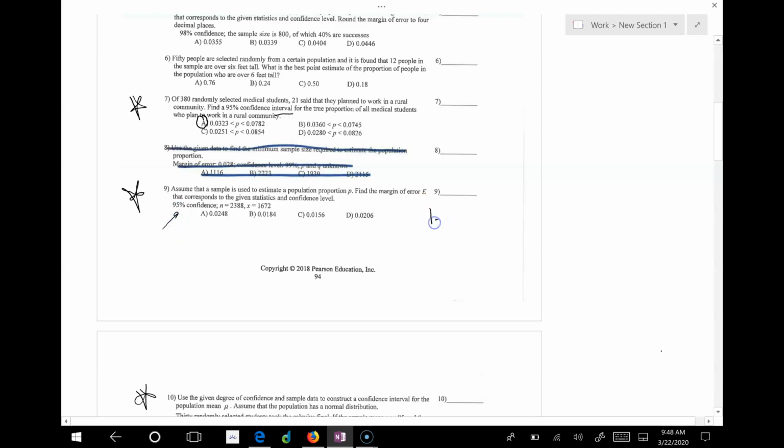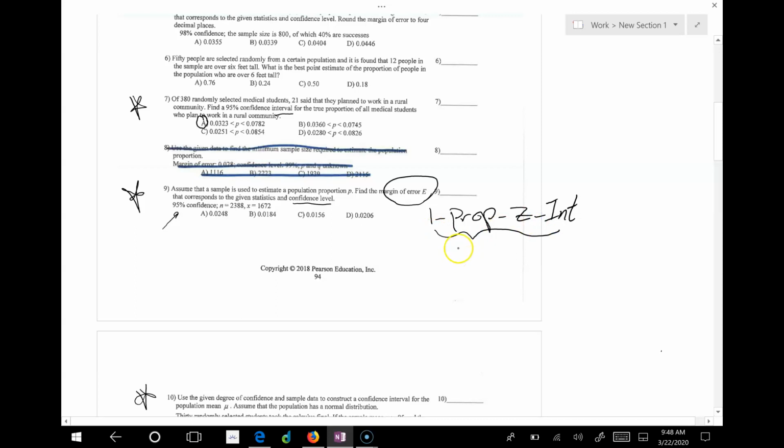Again, it's one population, so you use one prop Z interval, because they are looking for the confidence interval or level given. But then they ask for margin of error. Here's how you're going to use the interval to find the margin of error.